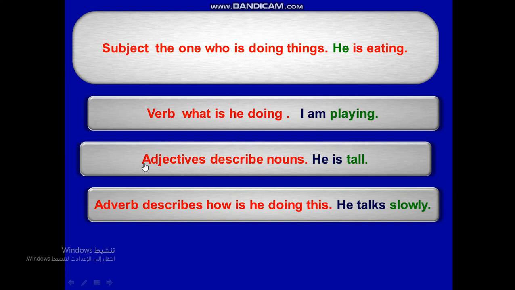We use them to describe nouns, like a tall man. He is tall. Tall here is an adjective. Adverb. An adverb describes how he is doing this, like he talks slowly. Slowly here describes how he is doing this, so it's an adverb.